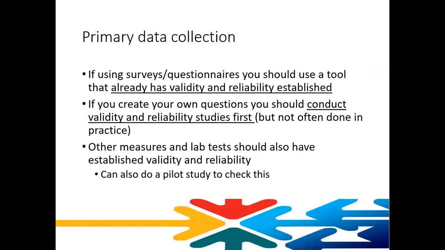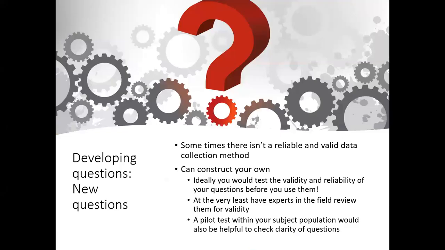If we're doing surveys or questionnaires, we want a tool that already has that established. Or when a tool doesn't exist and we create our own questions, you should conduct a validity and reliability study first. Other measures and lab tests should also have established validity and reliability. So sometimes there isn't a reliable and valid data collection, so you have to construct your own.